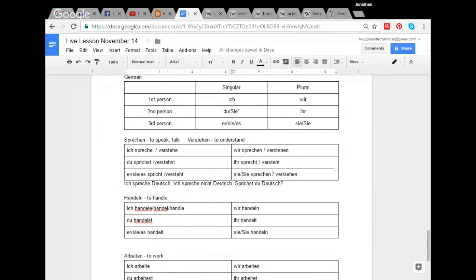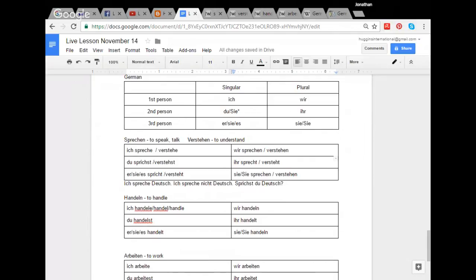So you can see that most typically when you have sie, er, es, you have a form like versteht, and it doubles up for the ihr form, versteht. For sprechen, it is different. You have sie, er, es spricht, but you have ihr sprecht. So you do have that pronunciation difference there.